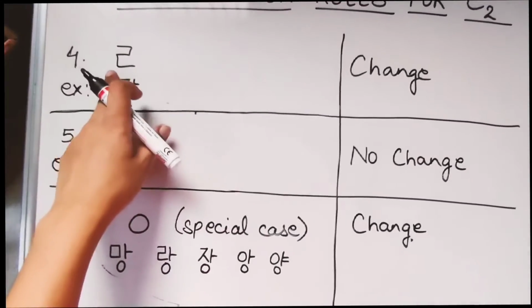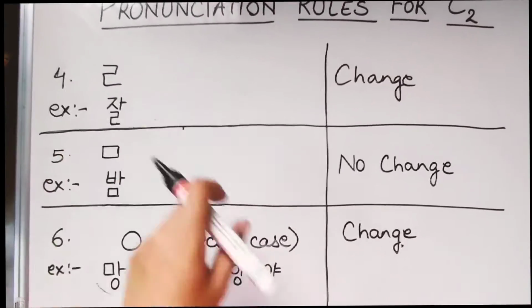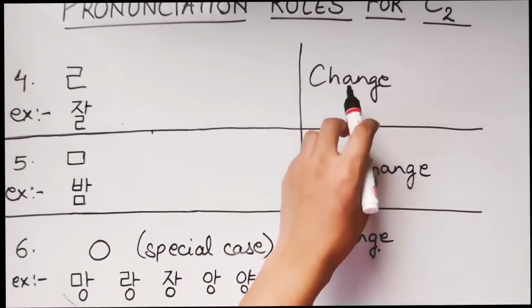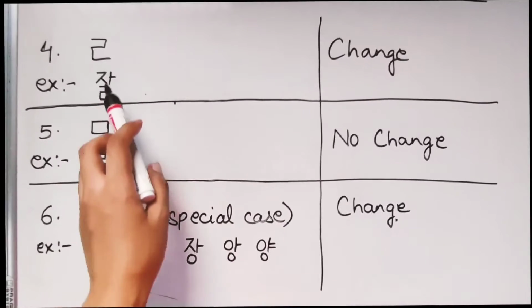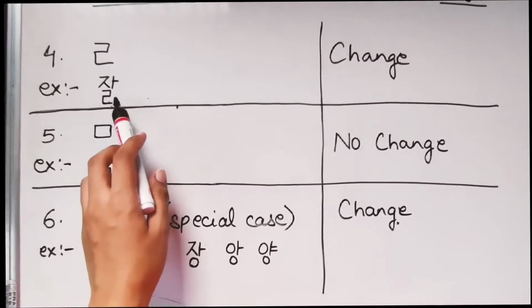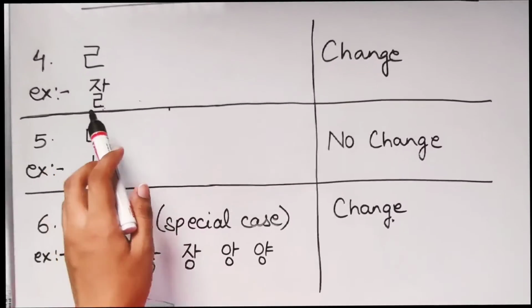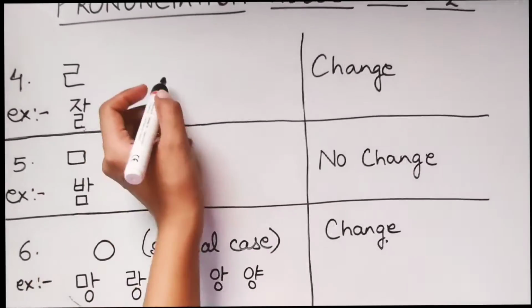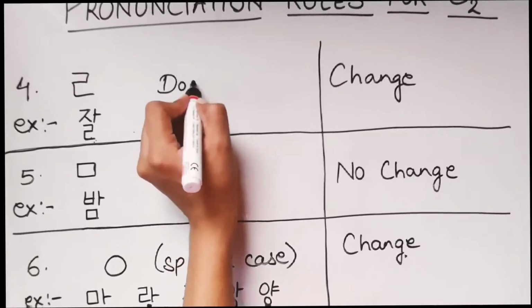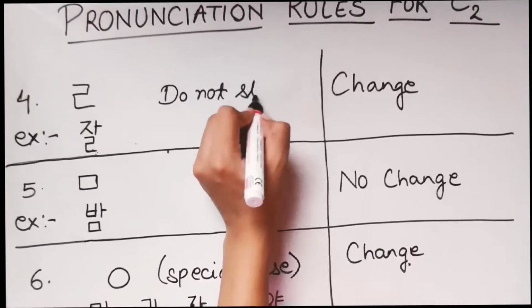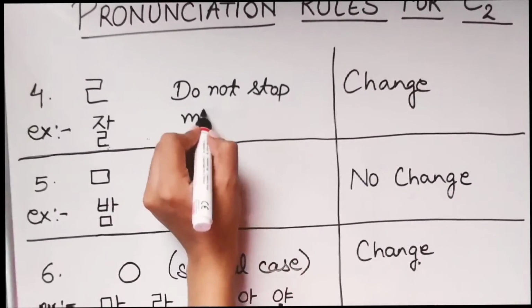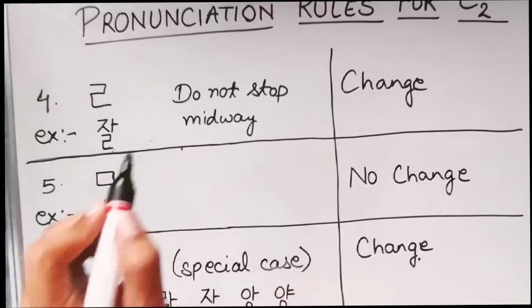Let's move on to the fourth point. Here we have r consonant. For this consonant, when it is at C2 position, it will not be pronounced as r. It would be pronounced as l. An example could be this. Oh, by the way, did I tell you that you do not have to stop midway for the pronunciation of l?